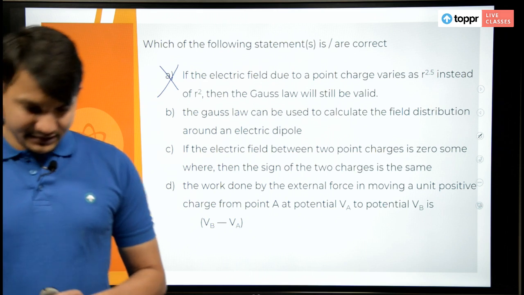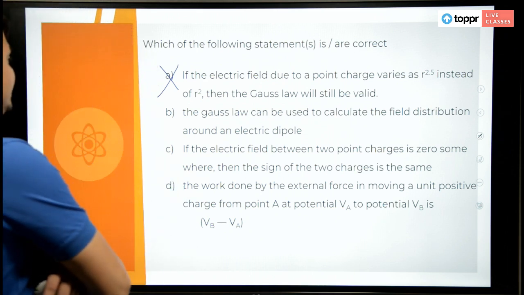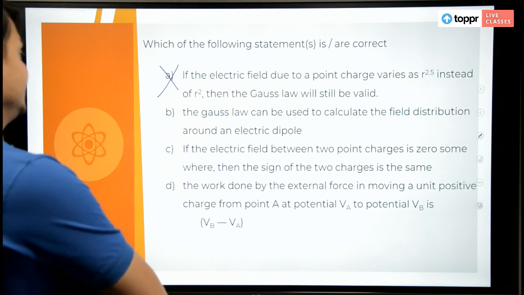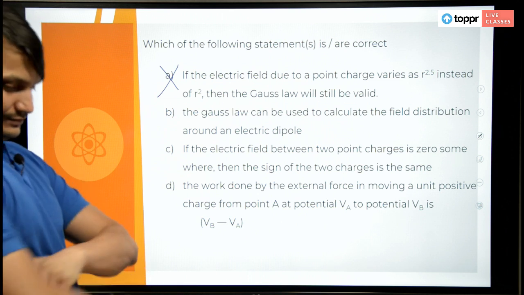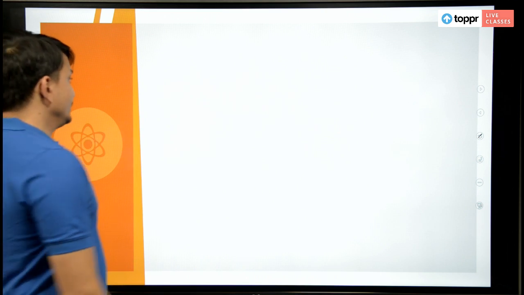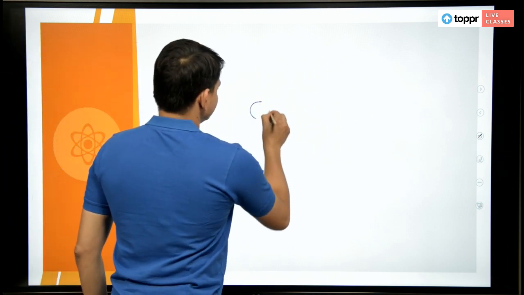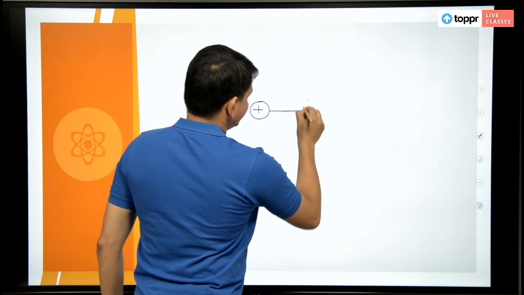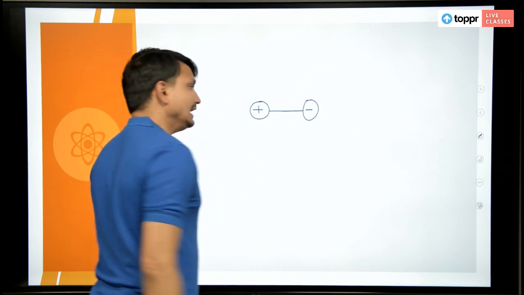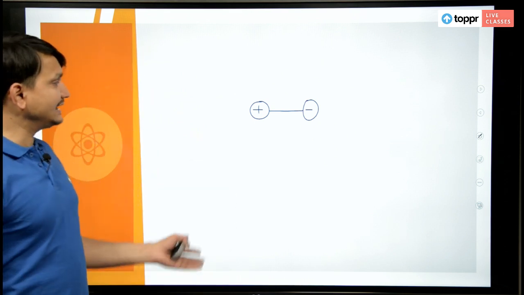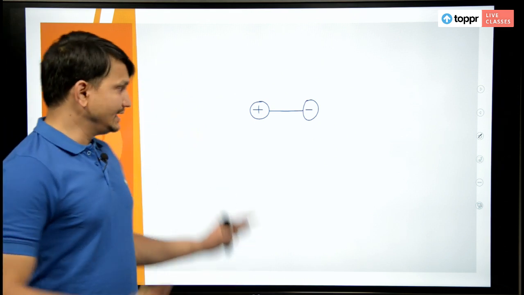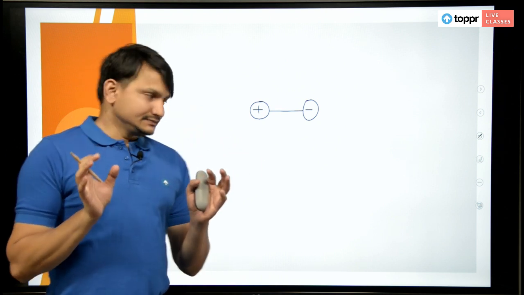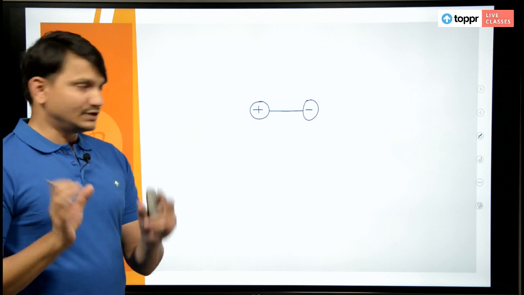Now let us read the second part. The Gauss law can be used to calculate the field distribution around an electric dipole. Okay, what is an electric dipole? An electric dipole is two charges of equal magnitude but opposite polarity spaced away from each other with a small distance.